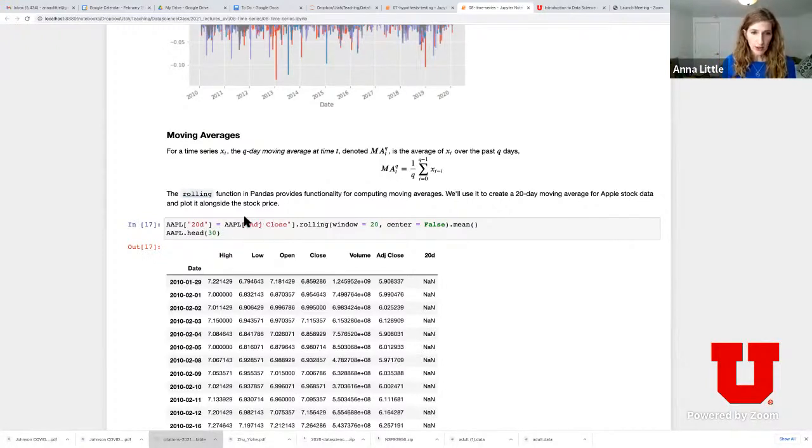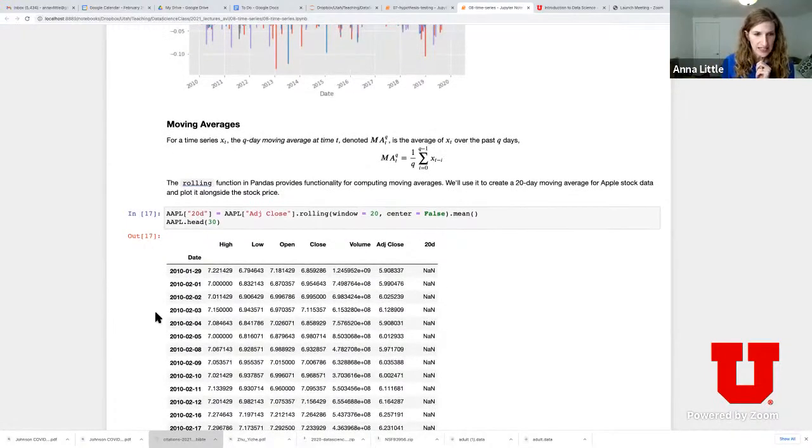I'm going to take the adjusted close column and apply the rolling function with a window of 20, meaning I go back 20 days, and center equals false. If center is true, it takes an average of the 10 previous points and the 10 points after. But if center is false, the mean is computed just from time points in the past, which is appropriate for stock analysis because you don't know what's going to happen in the future. So here you would always want center equals false.